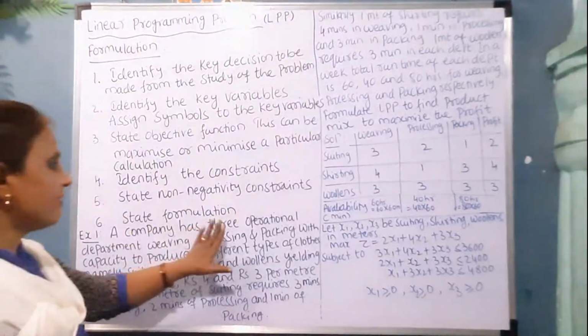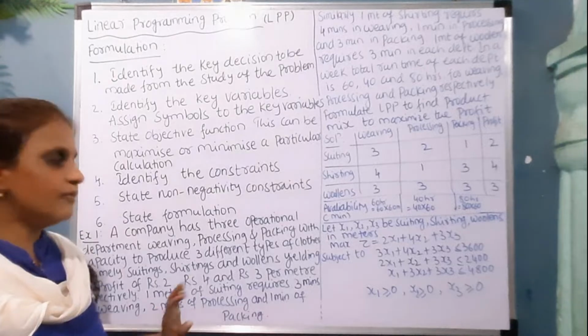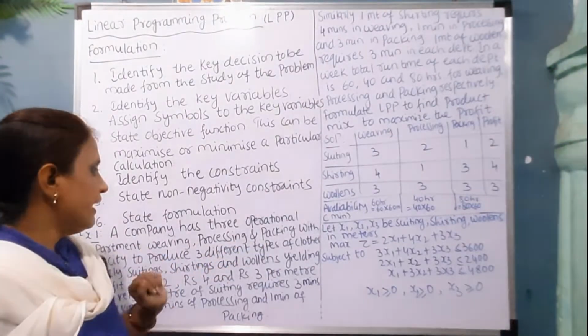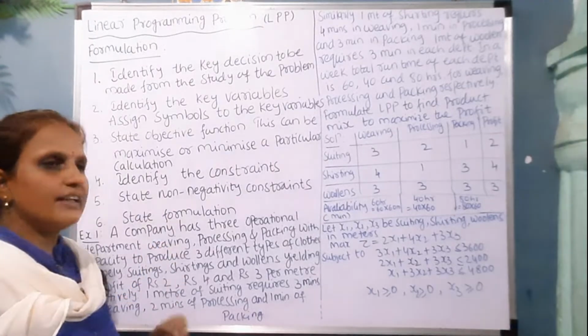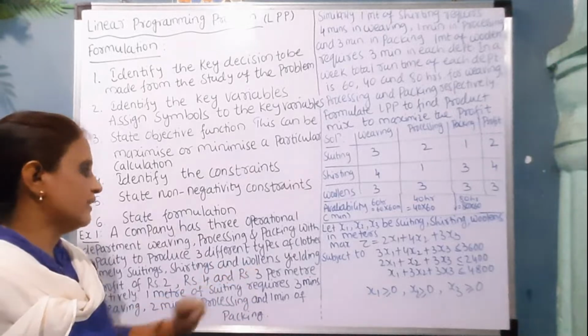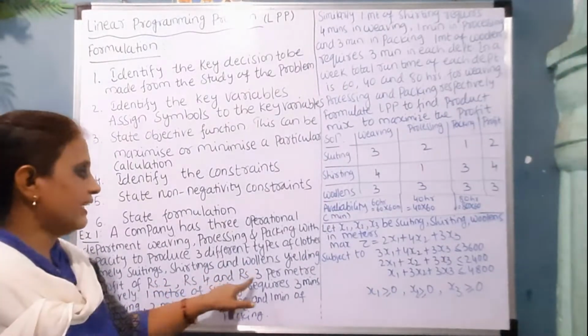Here we have a company which has three processing departments: weaving, processing, packing, and these produce three different types of cloths. Here it is given suitings, shirtings and woolens. Each one has a profit of rupees 2, 4 and 3.